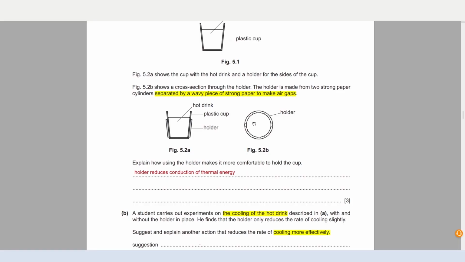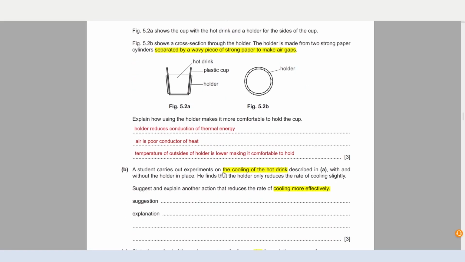That means the thermal energy from here won't be transferred here, and it will be more comfortable to hold. Air is a poor conductor of heat. As air is a poor conductor of heat, it won't let the thermal energy get transferred from inside the cup to the holder. And what happens? The temperature of the outside of the holder is lower, making it comfortable to hold.